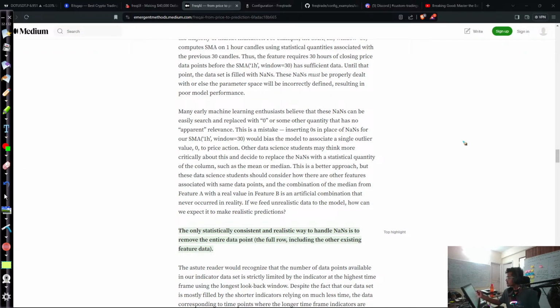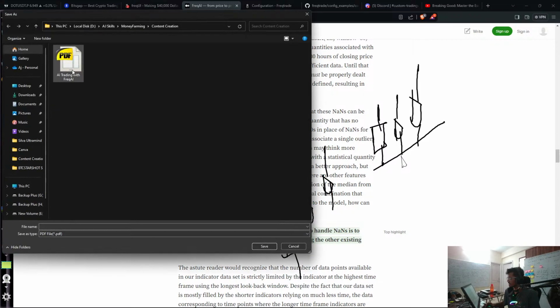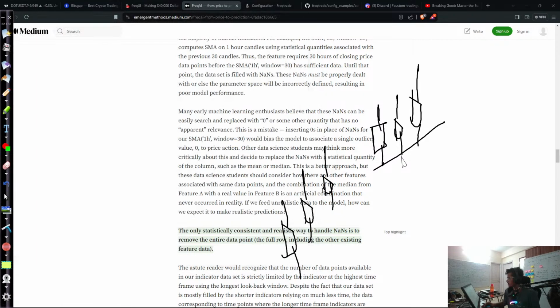So what I mean by that is, suppose this is your closing price, or candle, and once you overlay the SMA, you have candlestick data here as well, but you're starting the data only from this one on the SMA.